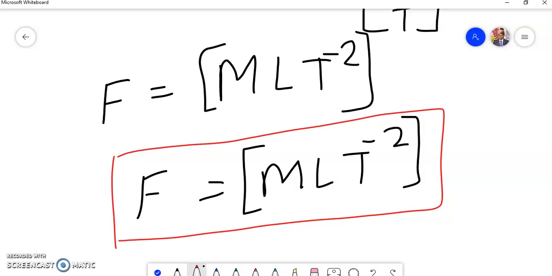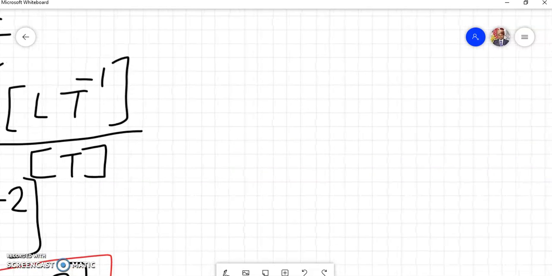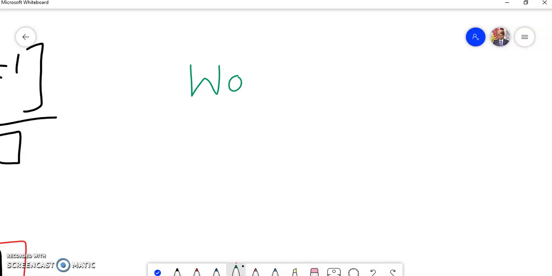Got my point? Like this we can also write. Let me help you with some more quantities. Suppose we have work. Now, what is work? You all know that work and energy are similar quantities. Work is equal to force into displacement.